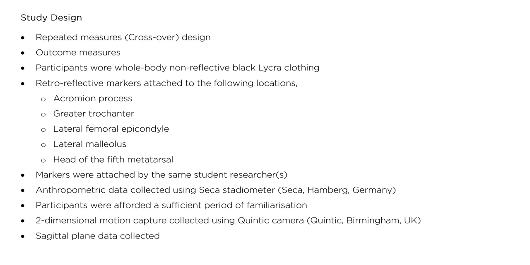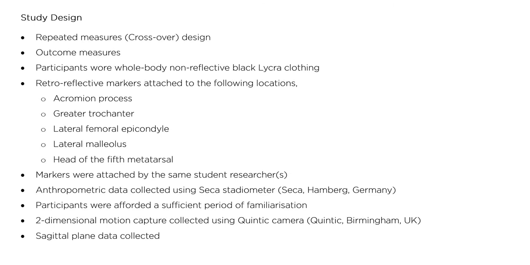You will also want to include in this section, which I've just realised I didn't mention, how the equipment was set up. So your camera might have been positioned at a certain distance from your participants, and things like that.